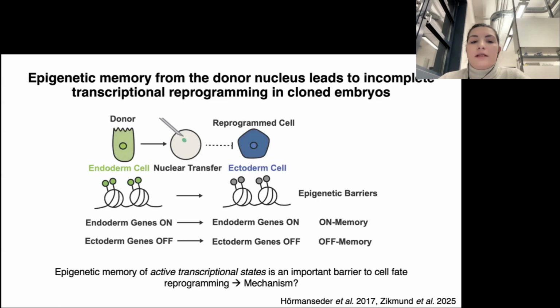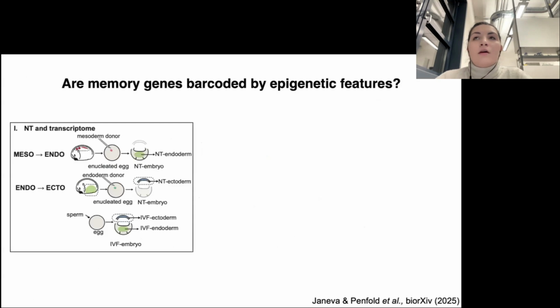So our group has shown that epigenetic memory of active transcriptional states is an important barrier to cell fate reprogramming, and we aim to understand the underlying mechanism. In order to do that, we have asked the question whether genes that retain this active memory are barcoded by epigenetic features. So we performed nuclear transfer and transcriptome profiling in two different setups.